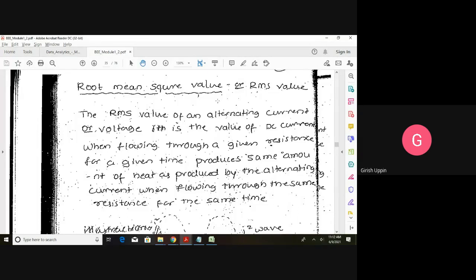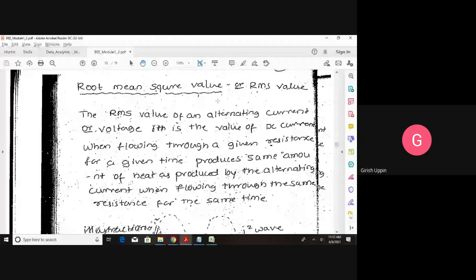The amount of heat generated in the resistance is X. If you take another similar circuit, same resistance, everything, and put in a DC current for the same time period t, and it produces the same amount of heat, X, then that DC value is called the RMS value of the alternating current. That is the meaning of the RMS value.